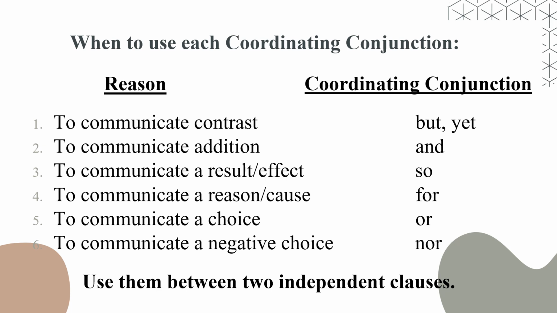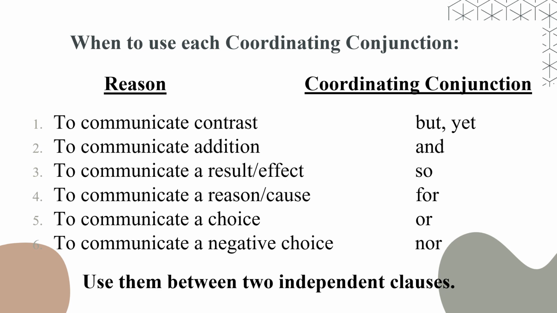First, it's the reason. Secondly, the coordinating conjunctions associated with the reason have been provided. Firstly, to communicate contrast, we use the coordinating conjunctions but and yet. Number 2, to communicate addition, we use and. Number 3, to communicate a result or effect, we use so.